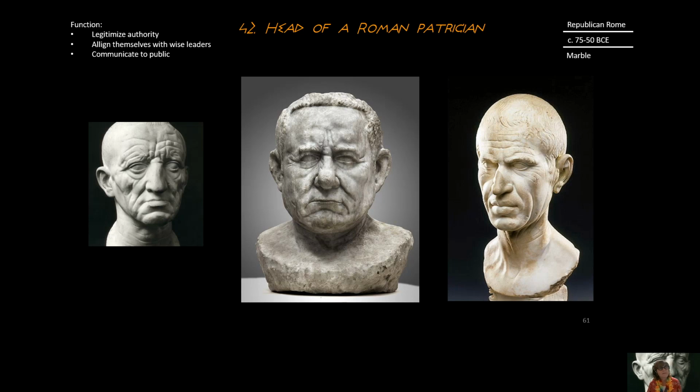You want to communicate to the people that you're going to be a great leader, and you want to associate yourself with wise leaders from the past who have been older, who have struggled through making great decisions, and they've always done the right thing, as shown by those wrinkles. So it legitimizes authority. That's the head of a Roman patrician.